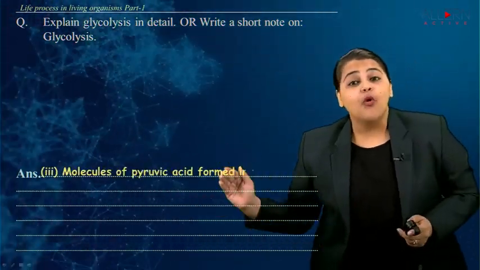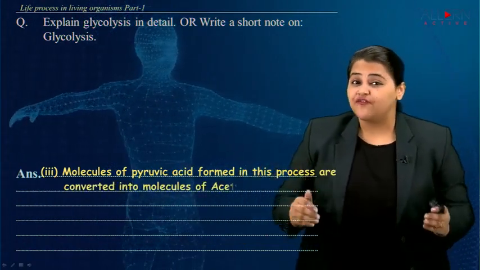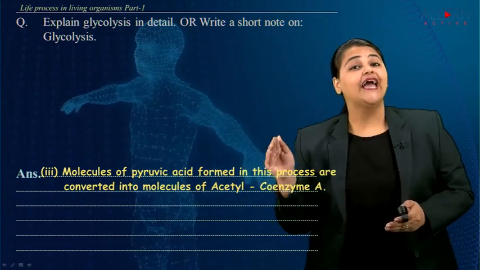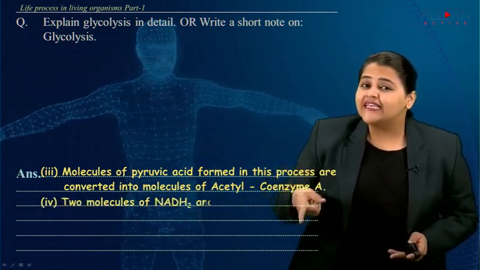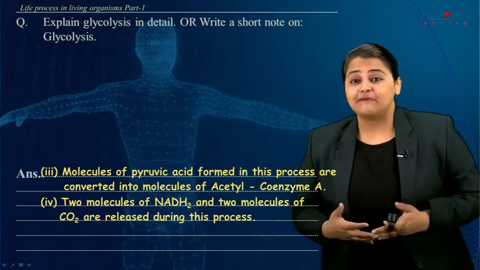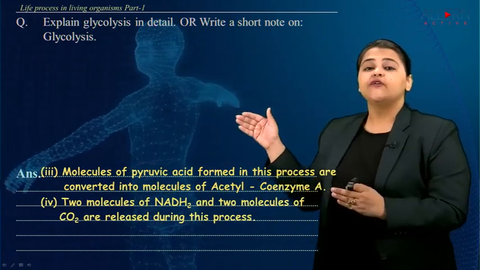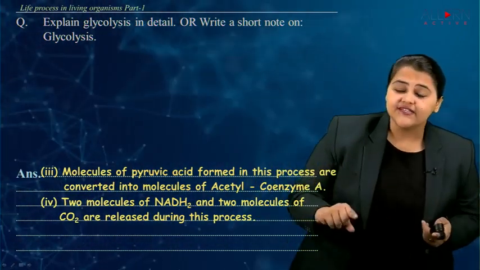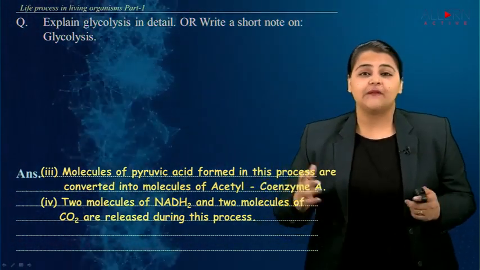The molecules of pyruvic acid formed in the process are converted into molecules of acetyl coenzyme A, which will then enter the Krebs cycle. Two molecules of NADH2 and two molecules of carbon dioxide will be released during the Krebs cycle.